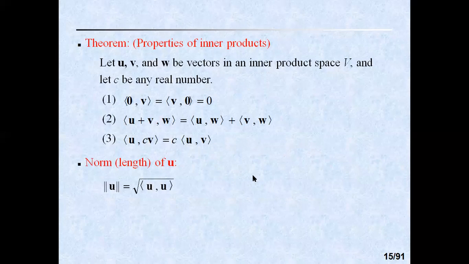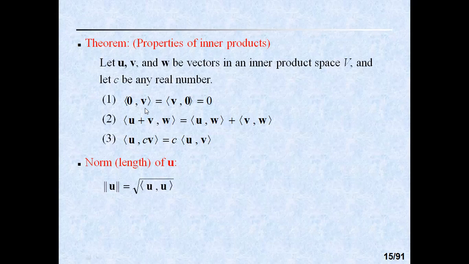What are the properties of inner products? Now we will discuss the properties of the inner product space. Let U, V and W be three vectors in an inner product space V, and C be any scalar. What are the three properties we mainly have to discuss here?